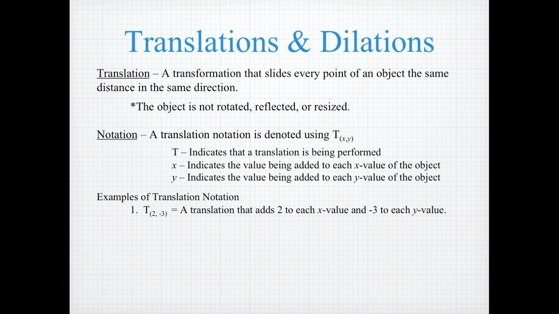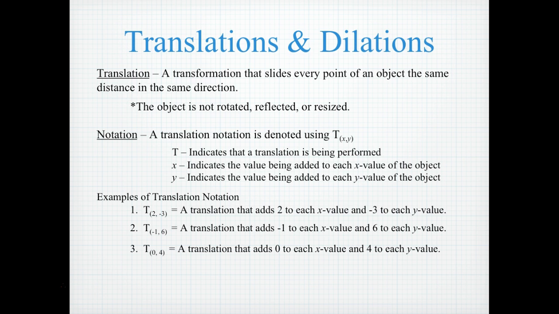So some examples: if we have a translation 2, -3, that tells me that the translation adds 2 to each X value and -3 to each Y value of the pre-image. T with -1, 6 indicates a translation that adds -1 to each X value of the pre-image and 6 to each Y value of the pre-image.